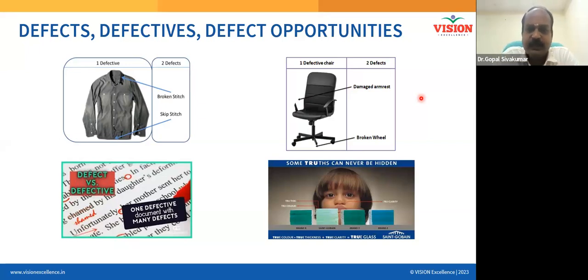There can be 10 defects possible, or 20. If you don't visualize properly, then your customer will point all of this out, then you will be in trouble and your whole business will be in trouble. That's why you have to proactively do certain things.